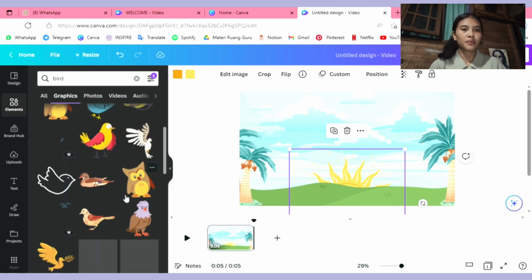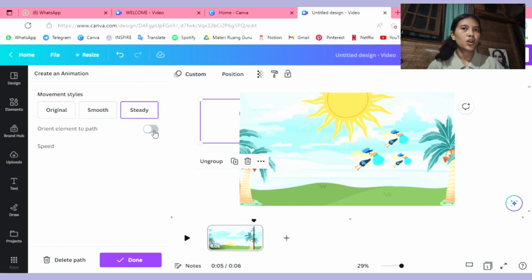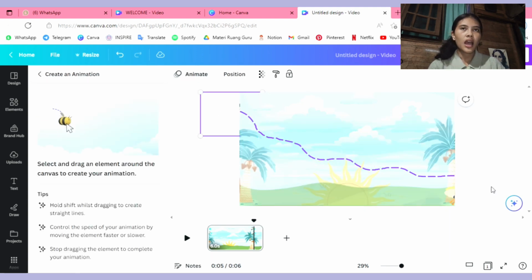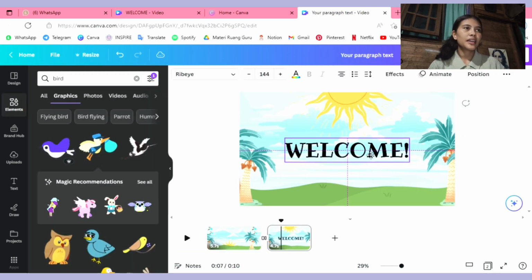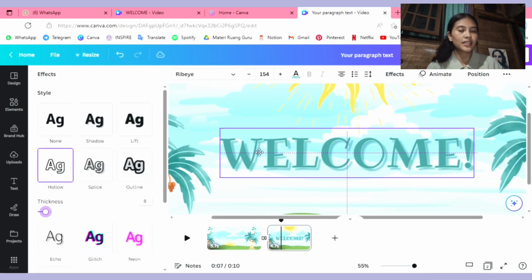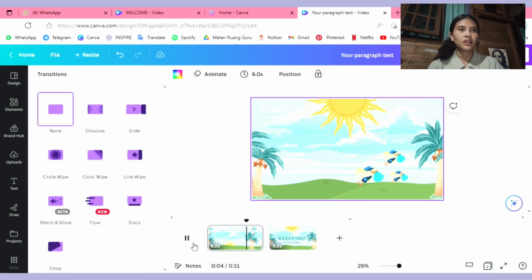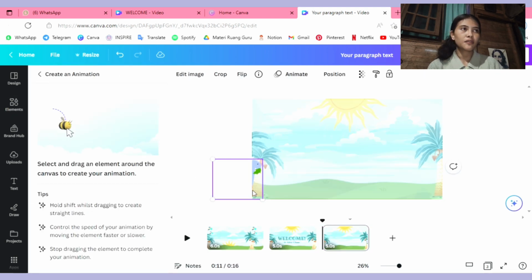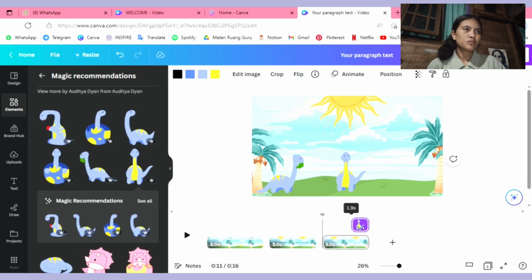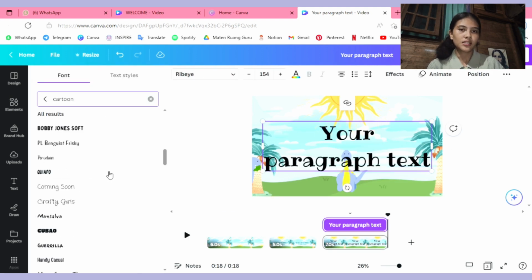Before I started making the animation, I did research on the concept of the video and what the animation would be like, and then I decided to use Canva as the application for making the animation video, because Canva is easier and has many features that can help us in easier ways.